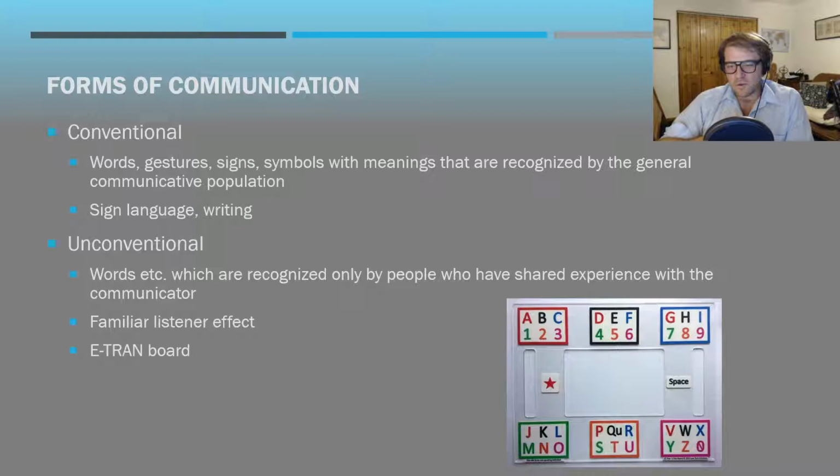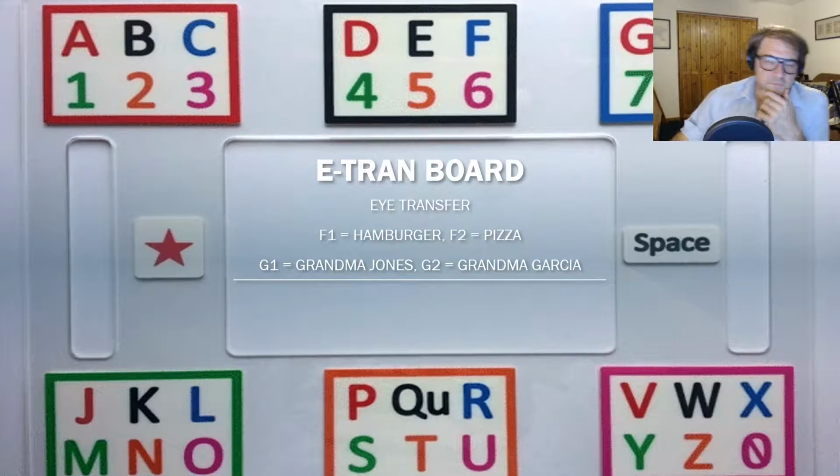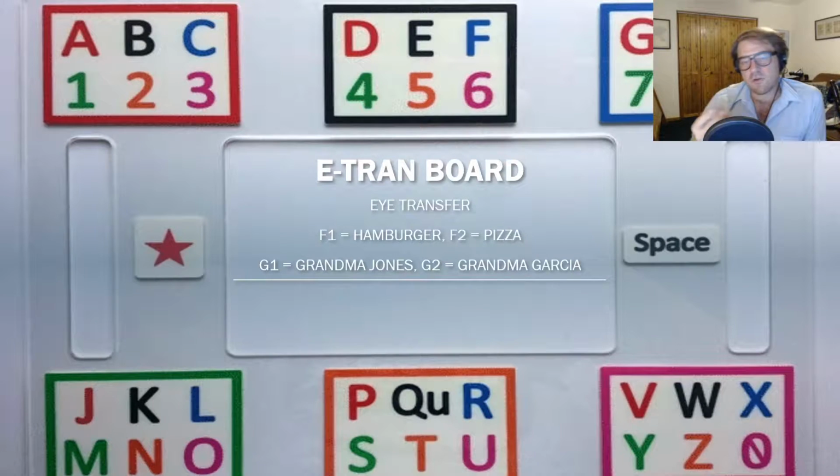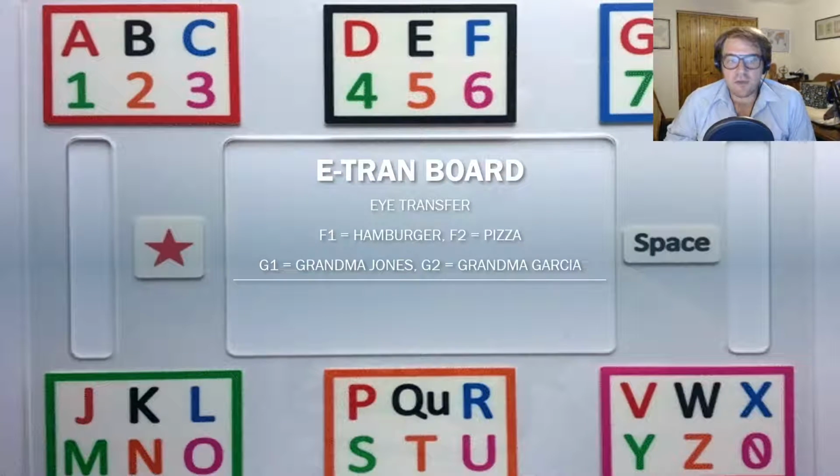And then also the E-Tran board, which is what we're looking at here. So this is called an E-Tran board. And essentially, how does the E-Tran board work? Well, first of all, E-Tran stands for eye transfer. And I think they just called it E-Tran because it sounds cool. But anyway, the way that you use this would be for someone who mostly has just control over eye movements. The way that you're decoding what they're looking at or what they're communicating to you is by watching where the eye movements go.